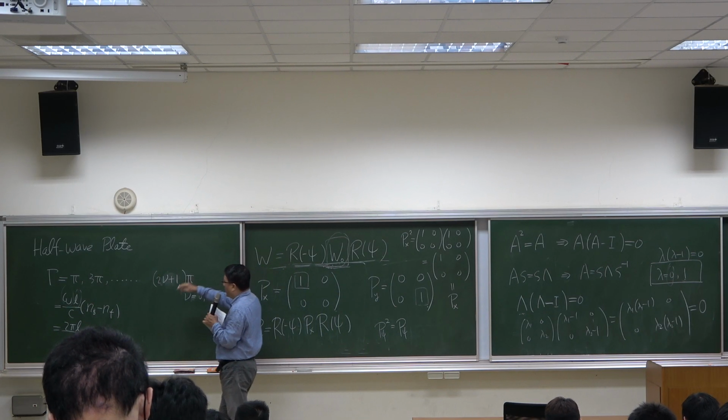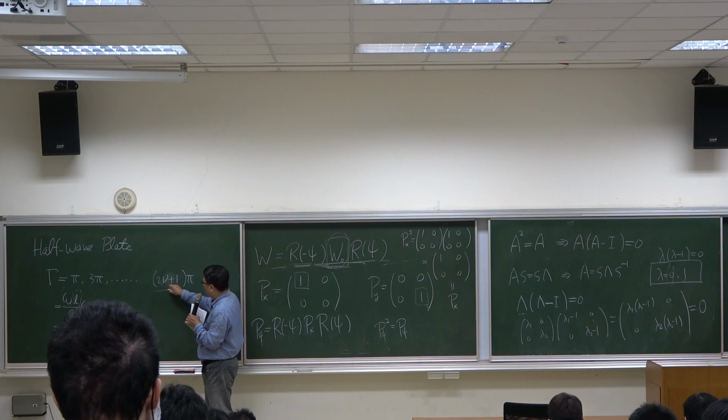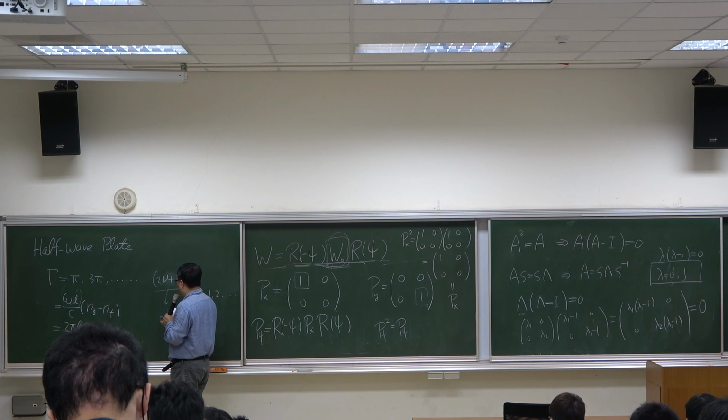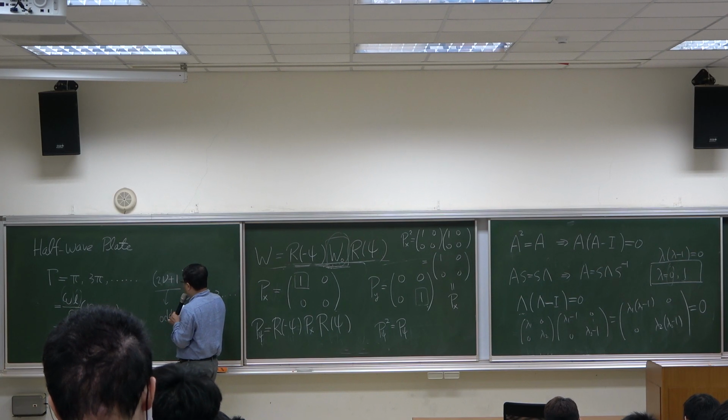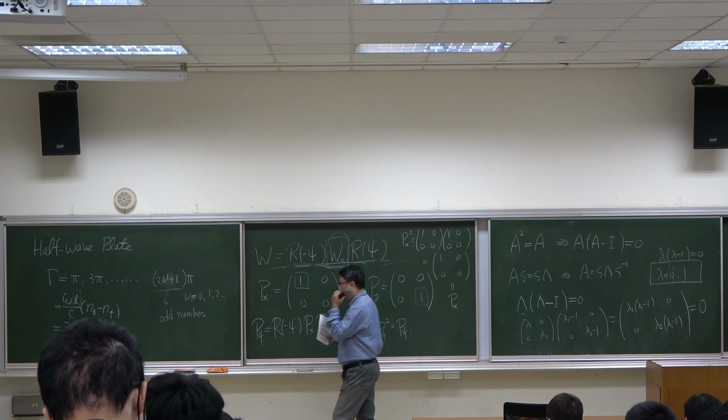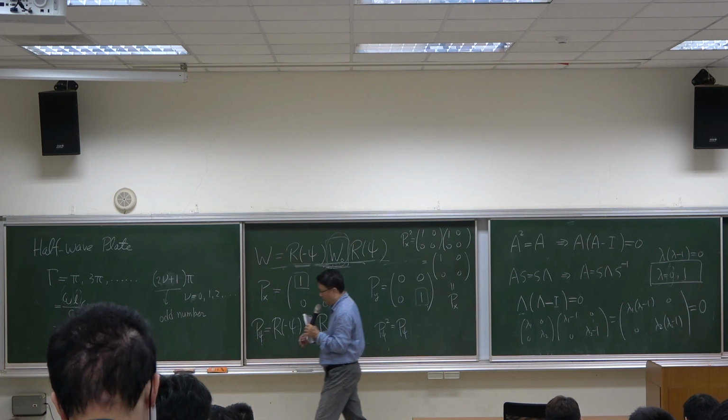So if gamma is equal to an odd number times pi, then we call this waveplate a half waveplate.